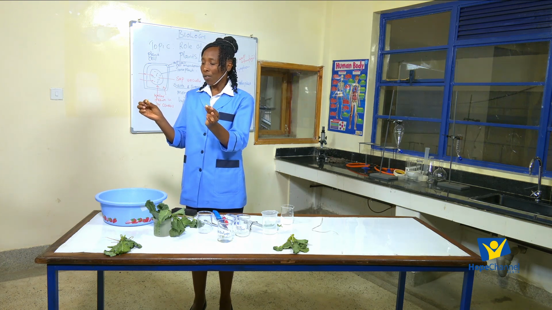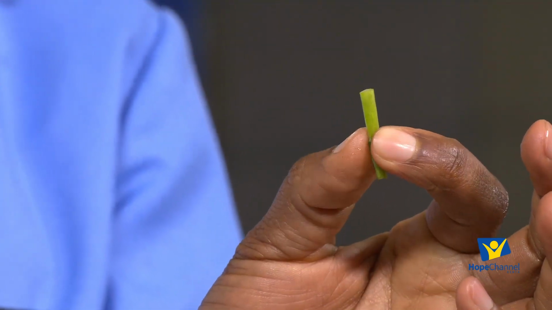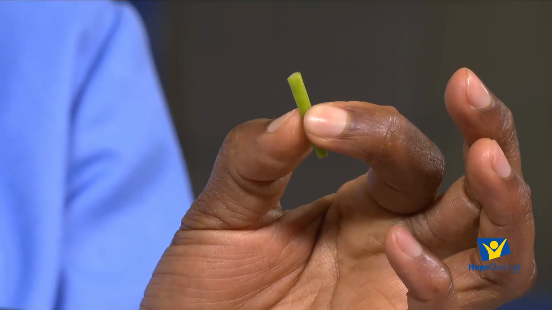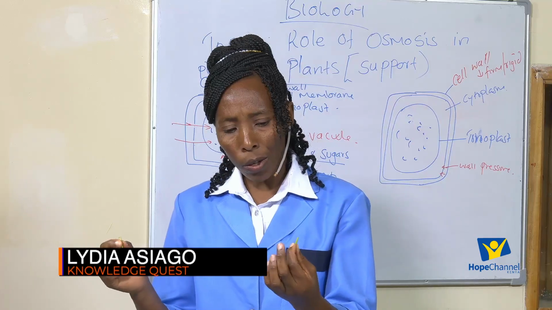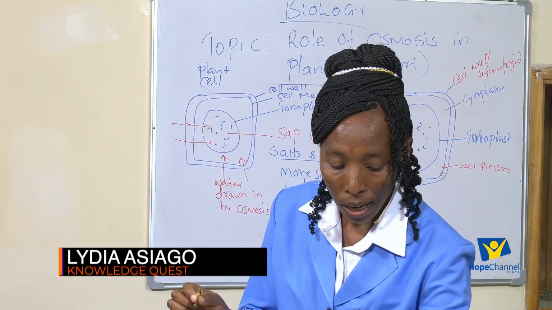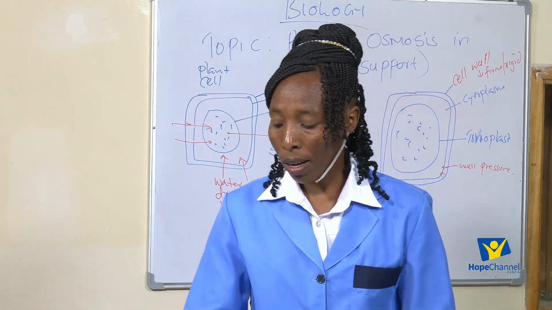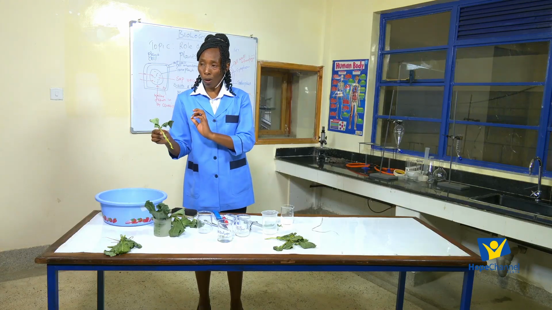If you press on the two specimens, you realize that both of them are soft. Why do you think both of them are soft, yet the one that was in the open was soft, yet the one that was in water was very firm?